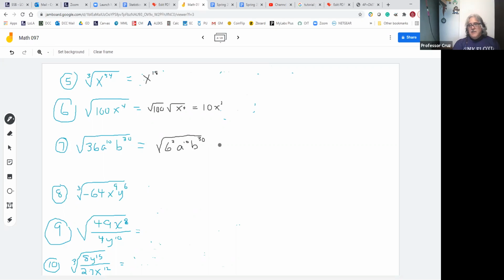So 6 squared, half is just 6. 8 to the 10th, half of the 10th is 8 to the 5th. And then here, 2 into 30 goes 15 times. And that's a 2 there. All right, this is very similar to the one we looked at, but pay attention to the rest of it.